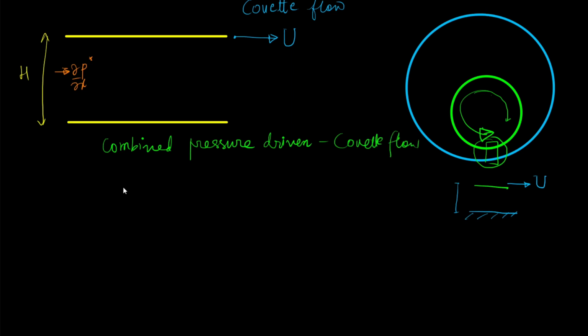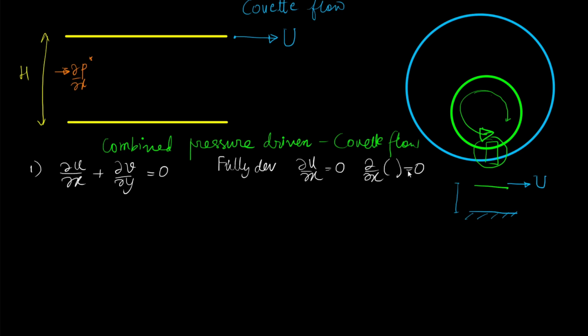Let us write down the governing equations for this. So once again, the continuity equation or the incompressible condition is this. Once again, we consider fully developed flow, so that del u del x is 0, or rather any gradients in the x direction are 0, and we consider that the walls are impenetrable.